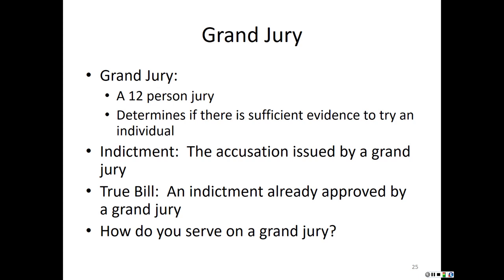If 9 of the 12 people in the grand jury agree, yeah, there's sufficient evidence, we need to have a trial, we need to have further investigation, then the grand jury will issue an indictment. The indictment, the accusation issued by a grand jury, this is the formal accusation.